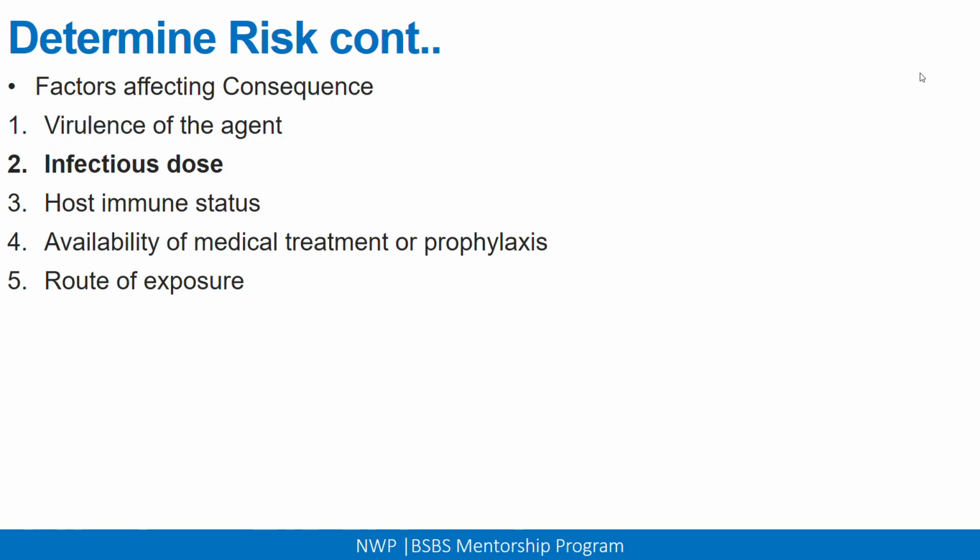So if the route of exposure is through inhalation, you find that mostly this particular type of agents will have a higher consequence, because some of them may even be fatal. If they go to your lungs, it means that as your blood is being oxygenated there, the infection is now also going to your blood. And if it's going to your blood, the infection will spread across your body. So the route of exposure will affect the consequence.